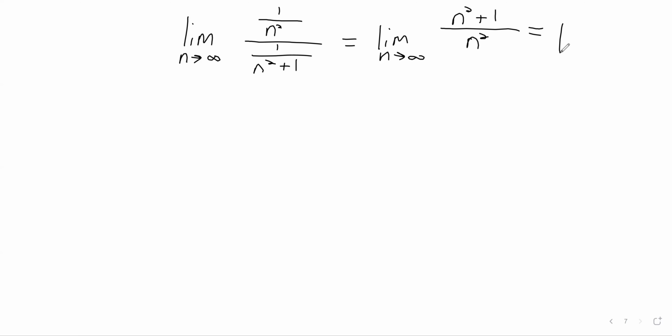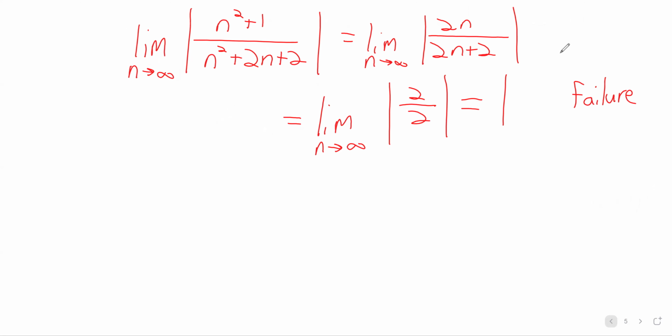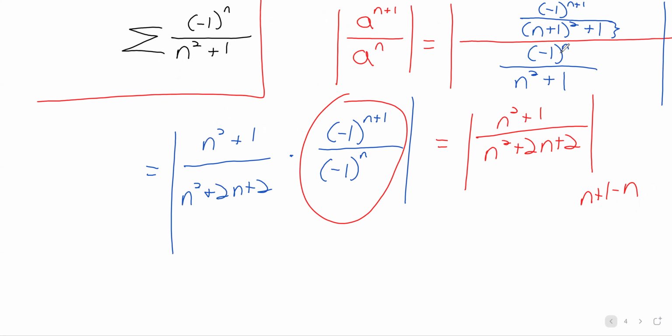Getting a limit of 1 means the limit comparison test works. And since this series converges, this series also converges. And since the absolute value converges, this converges as well.